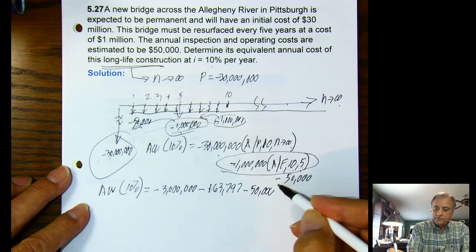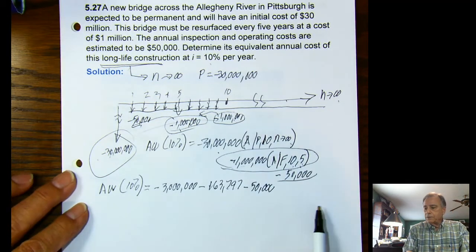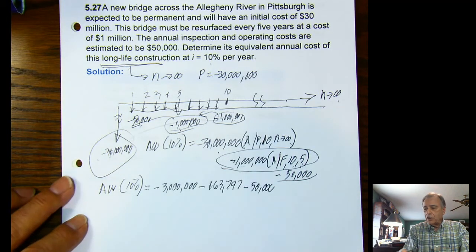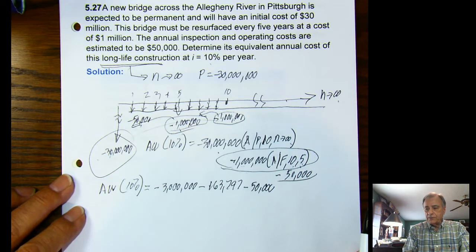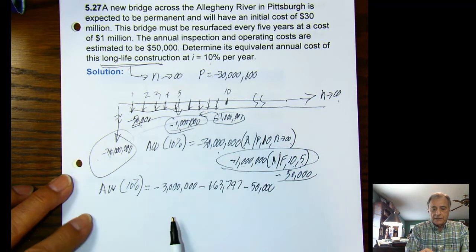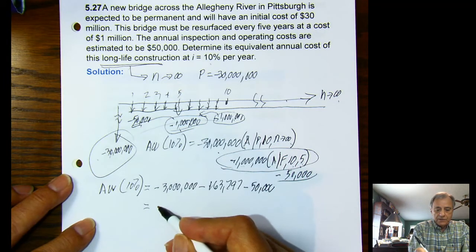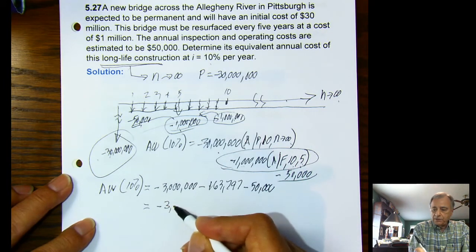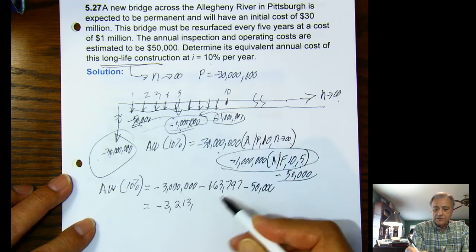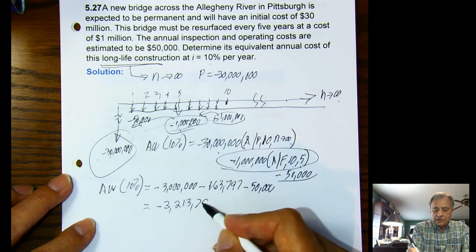That's this number. And you then add all of those together, and you're going to get minus 3,213,797.